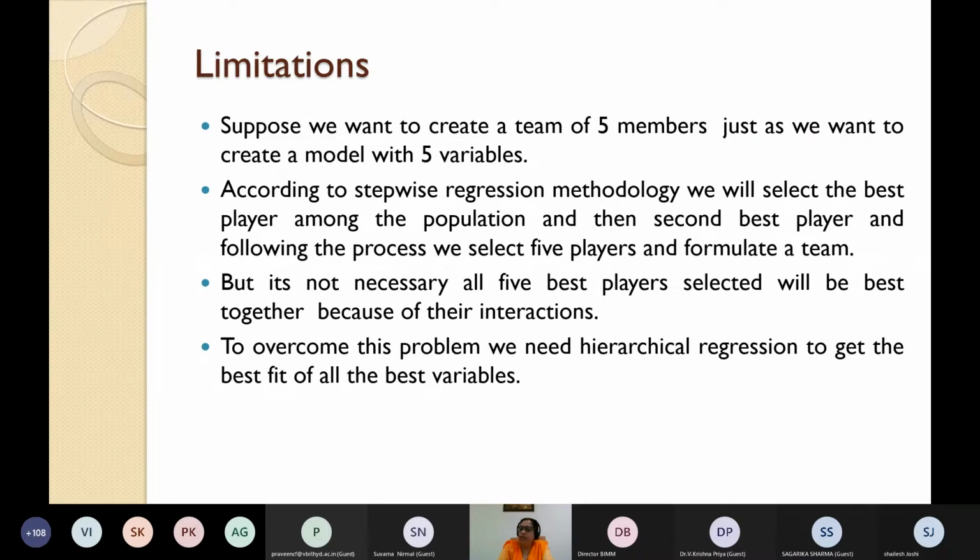But there is a basic limitation. Now let's say there is a team of 24 players. Each player has certain qualities.